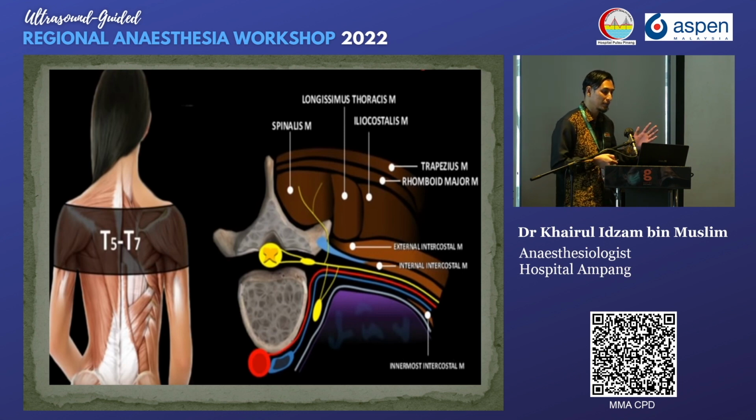Some studies show that the spread is 4 levels cranially and 4 levels caudally, even with one injection. So if we inject the LA at the T5 level, it can spread from T1 to T7.